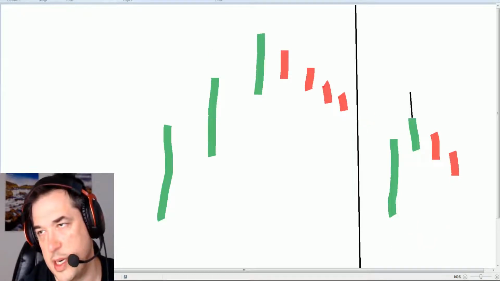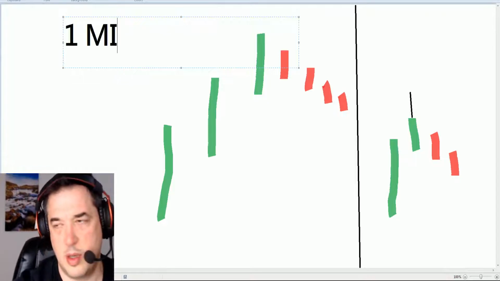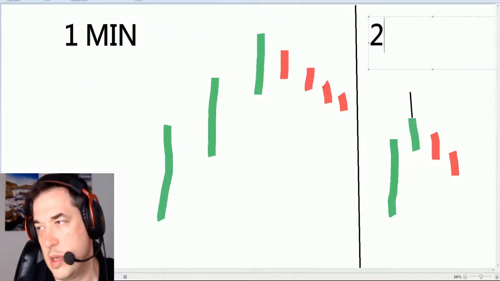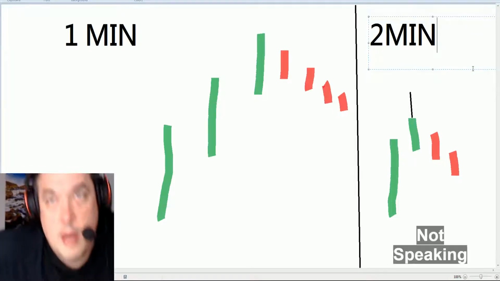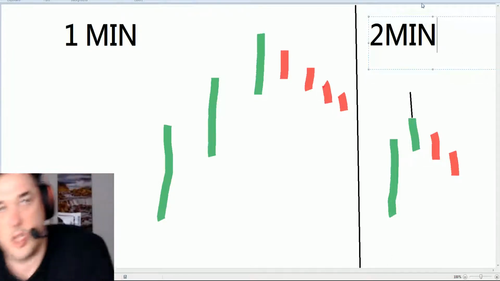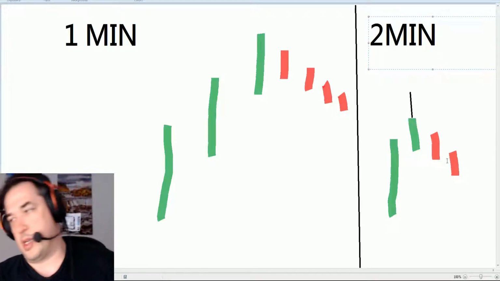You're looking for that green breakout. You've got the 1 minute chart. I know it's uneven and I pushed the 2 minute to the right, but we're given a very vague example here, and that is the importance of what I am talking about.